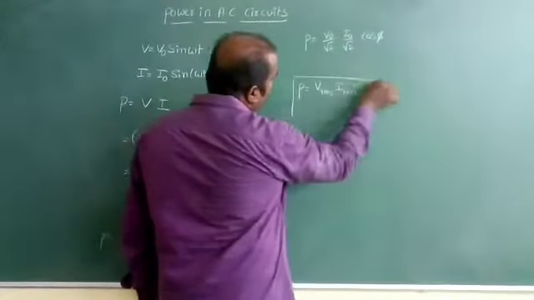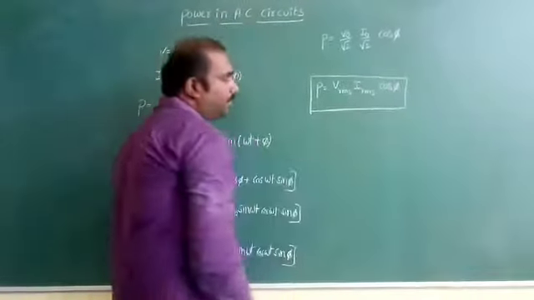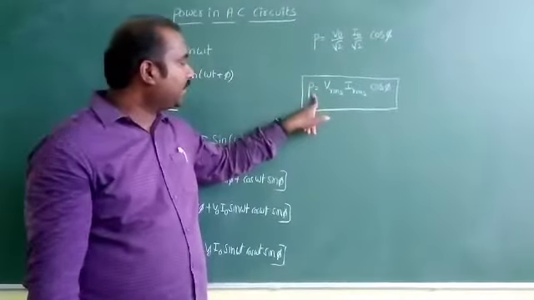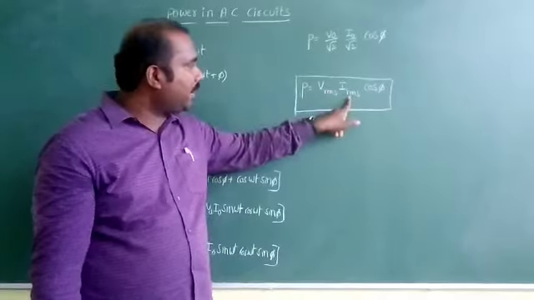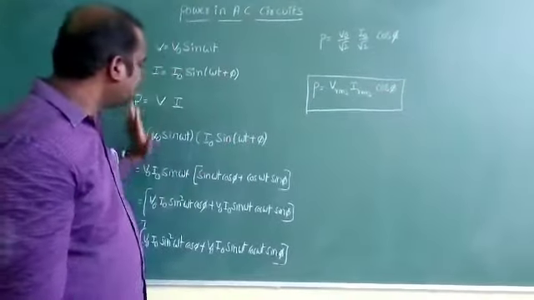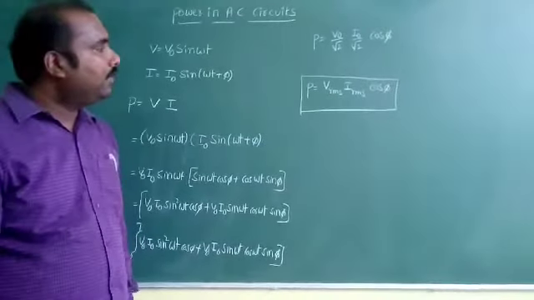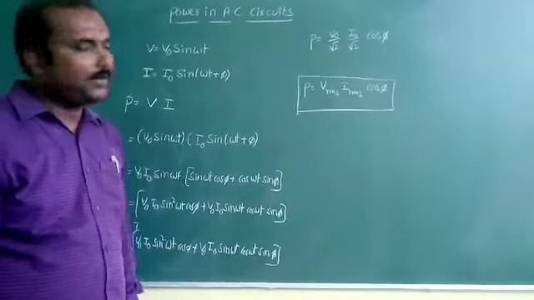Now everybody must remember this equation. The power in AC circuits is given by P is equal to VRMS IRMS cos phi. Rest of the derivations, no need to worry, but remember this final equation.